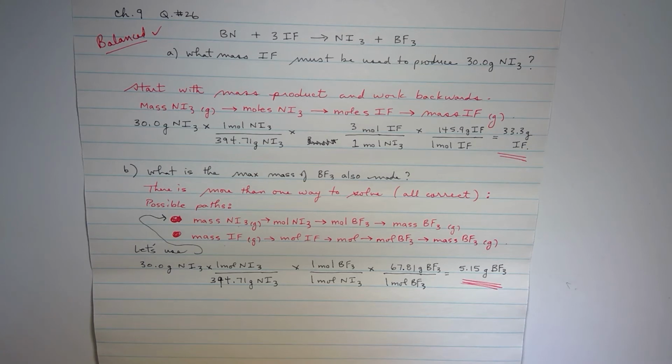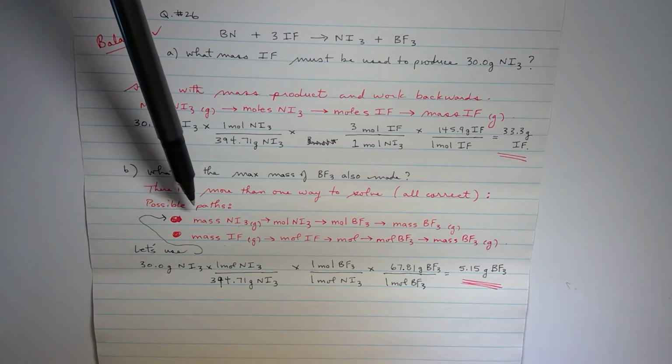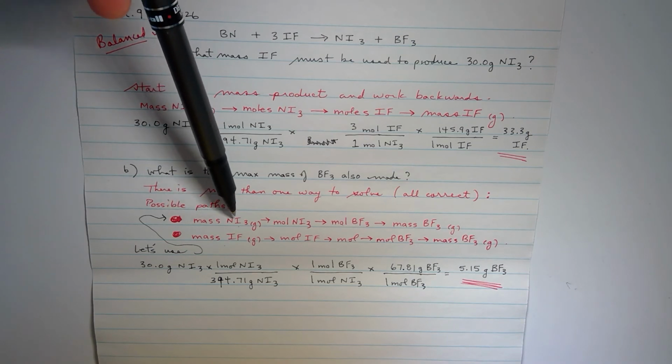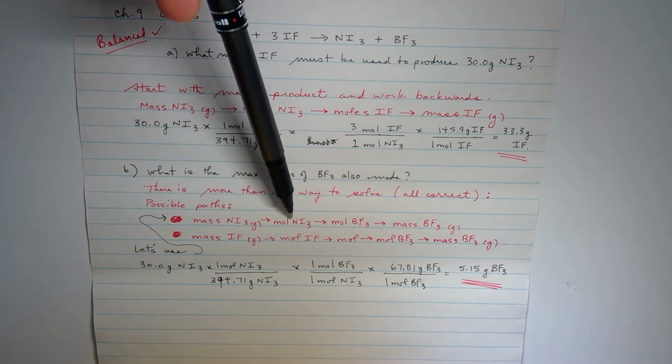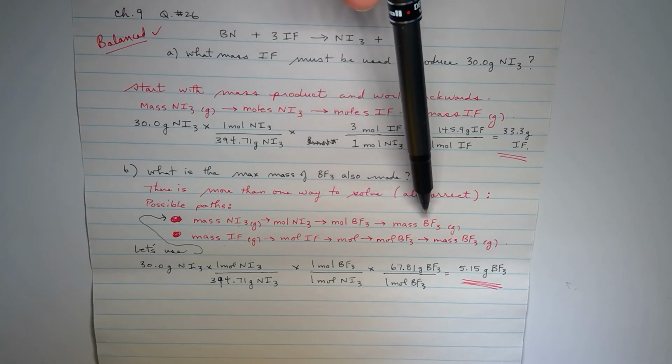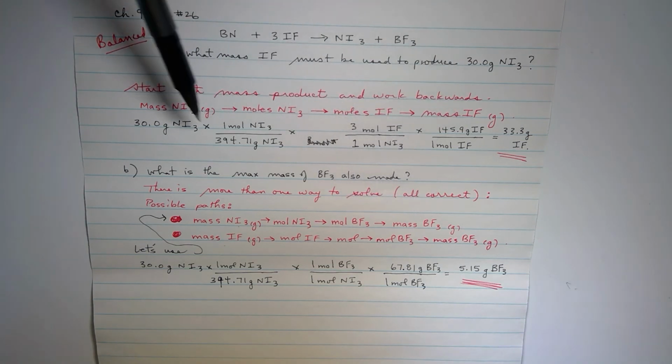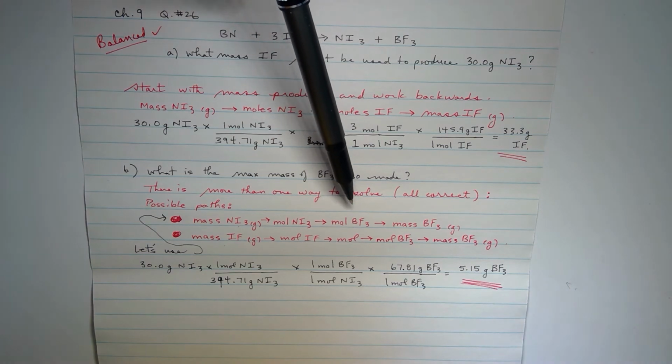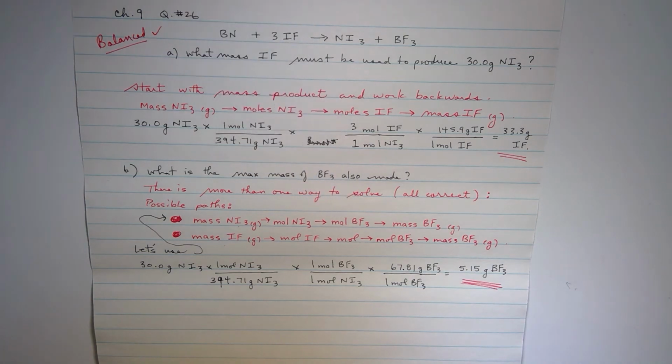So you could start again with the mass of NI3, which is known, converted to moles, and this time convert to moles of BF3 before mass. Same thing we did up here, except with BF3 instead of the other product, NI3. Or you could think about it this way.